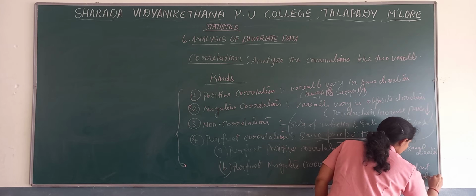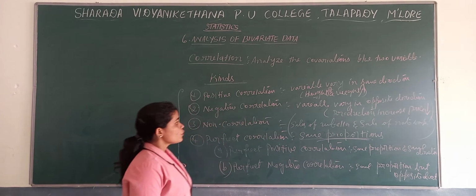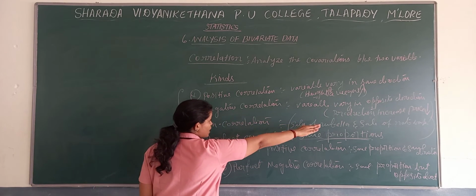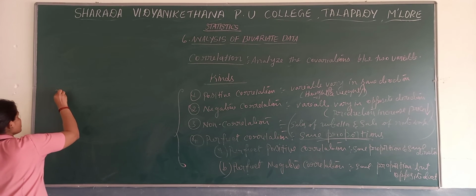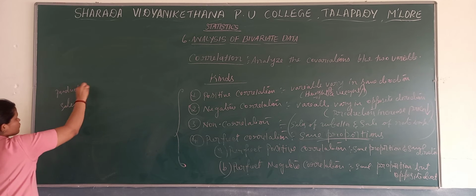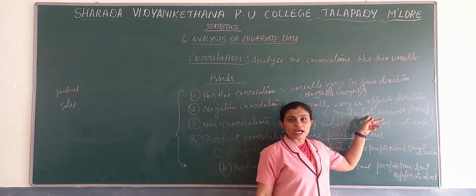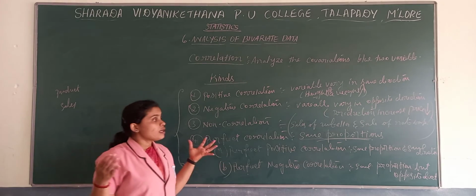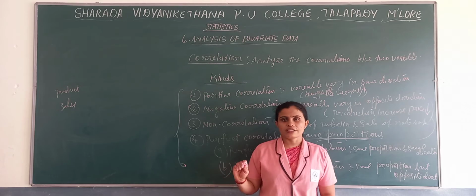If we take a negative example, we have production and sales of any vegetables. When production increases, sales of that particular item will decrease in the case of vegetables, because when they grow in bulk, production increases but the price decreases.